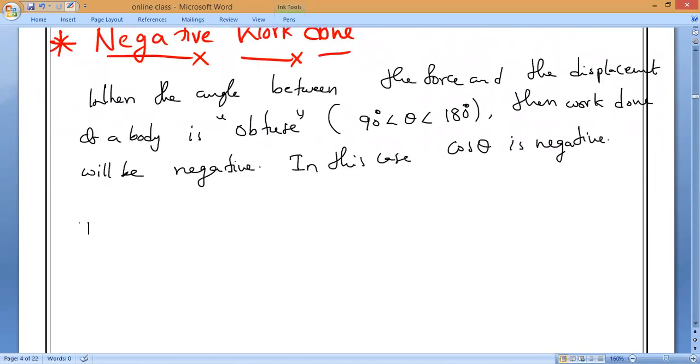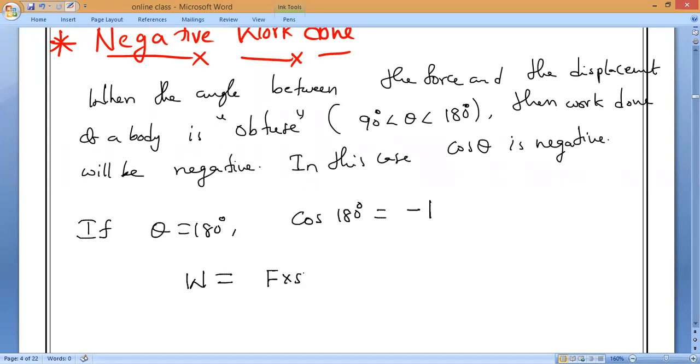Now, if theta is equal to 180 degrees, tell me cos 180 is equal to how much? Check the tabular column. Minus 1. So work done is equal to force into displacement into cos 180, which is F into S into minus 1.